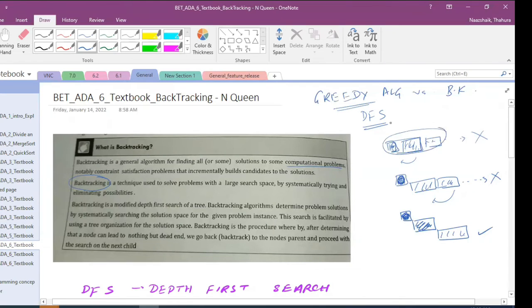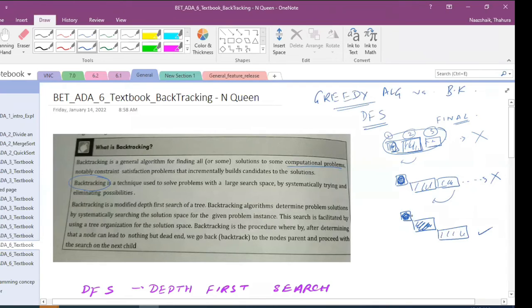That was your greedy algorithm. But the problem is, once you have picked your choice, this was my option number 1, then I picked this, then I picked this, you have no way to go back. Whatever option is picked, that is final. You remember in the definition, we also told that the incremental solution we build is unchanged. You cannot change that. Once it is picked, you have to take that.